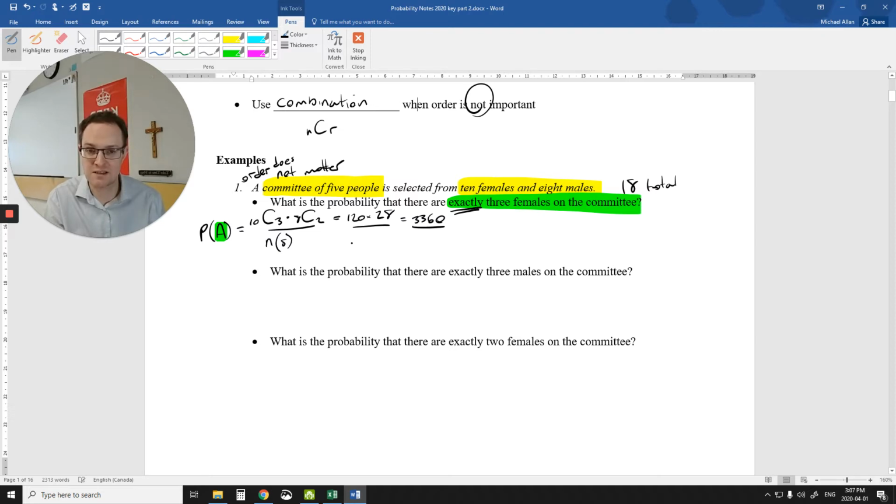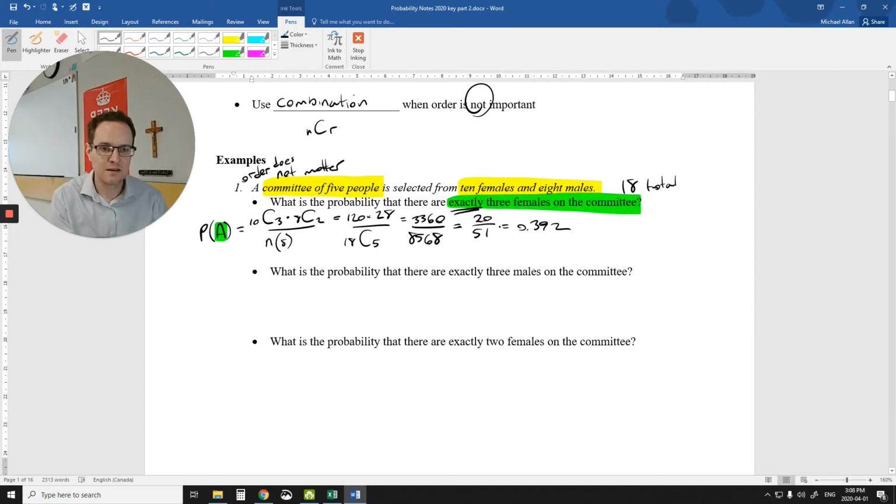Well, there's 18 people and I need to choose 5 of them. That's just all the different committees you can create, right? So that there is 8,568 different committees. Now, if I punch this in my calculator and reduce this down, that becomes 20 over 51, and I get 0.392 for that one.